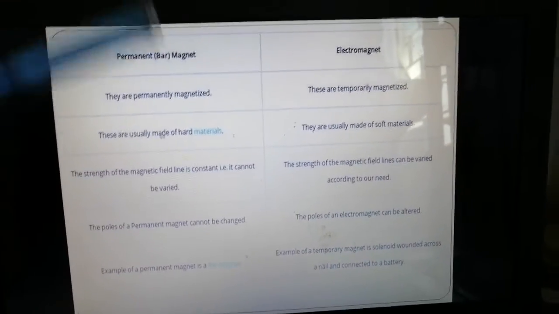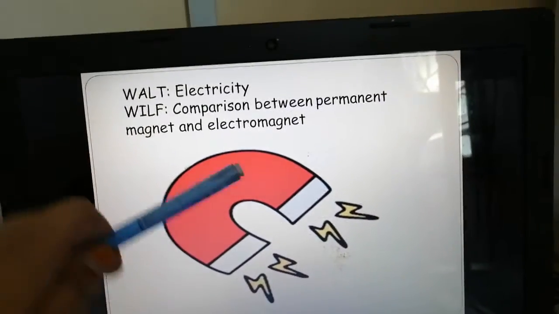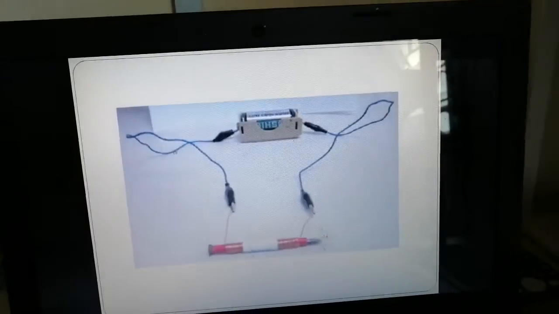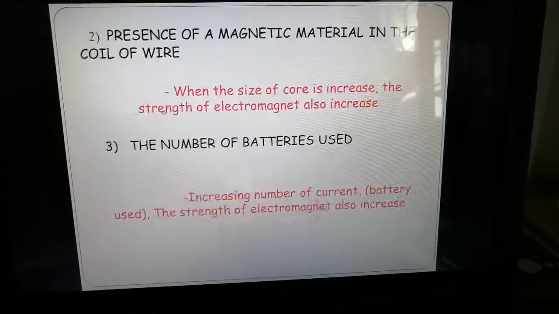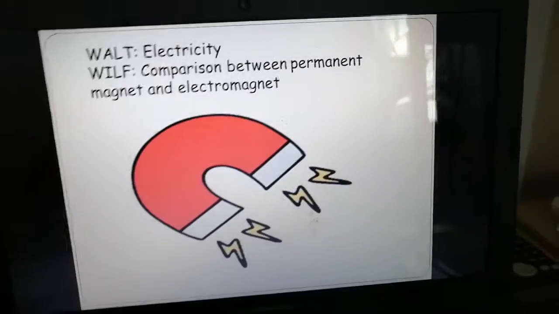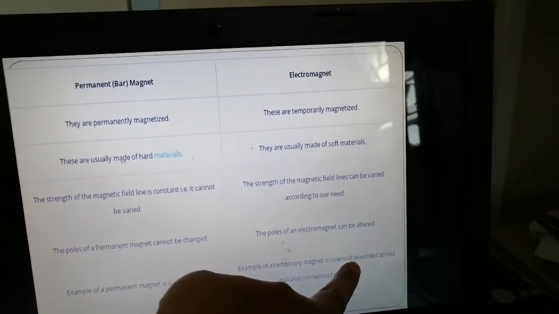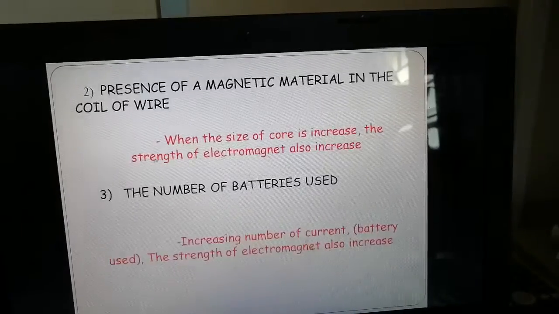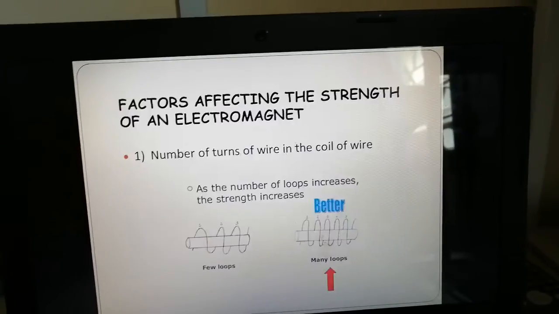Actually we have 2 types of bar magnet, for example the rectangle one that I showed before, and like this, the U-shaped magnet. An example of a temporary magnet is a solenoid wound across a nail and connected to a battery. This is the electromagnet. You can make an electromagnet like this.